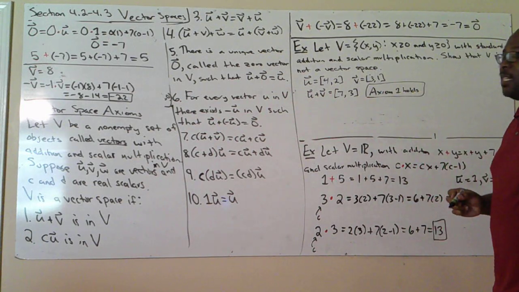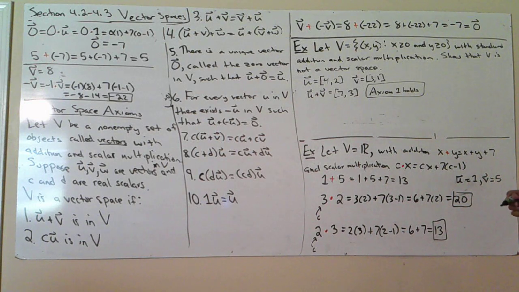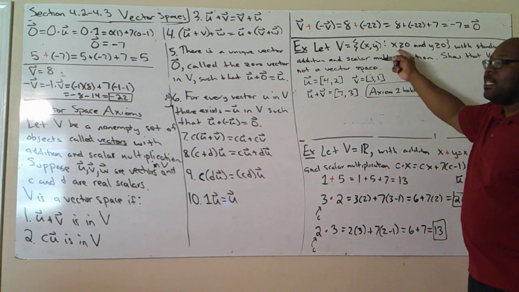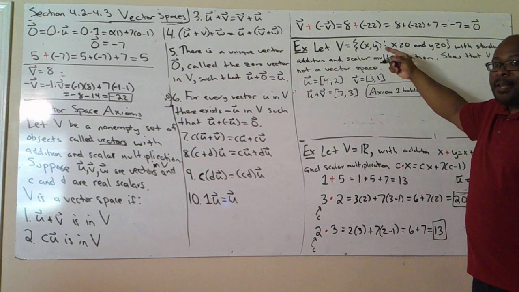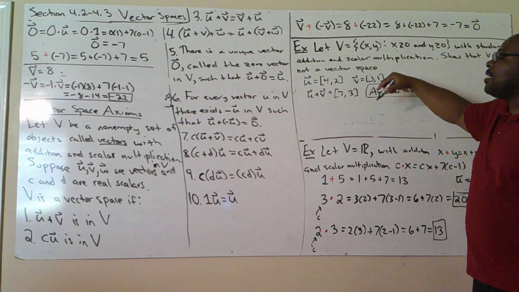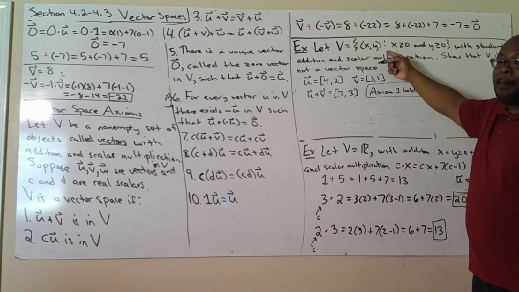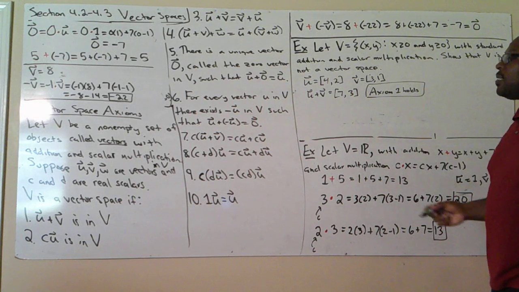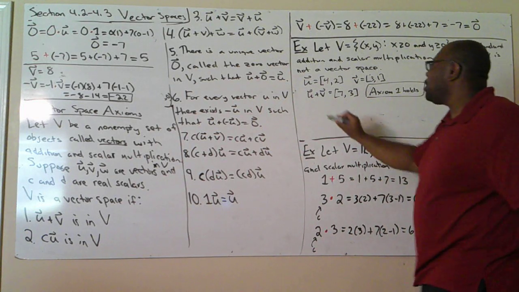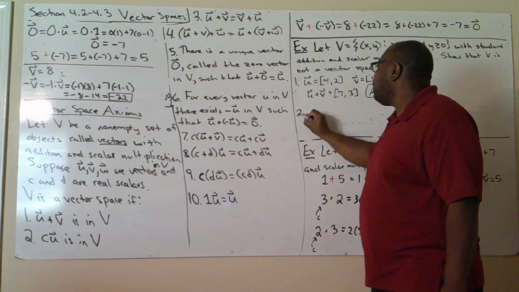Let's look at axiom 2. When I multiply a scalar times an object that's in this set, will I get an object back in that set? Sometimes you'll say, yeah, of course you will. But let's look at that.